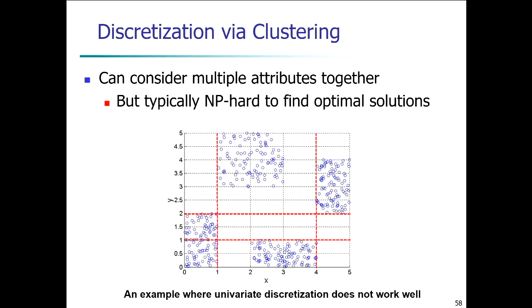Okay, so all the previous methods we talked about, the equal width and the equal depth binning, only look at one attribute at a time. So it's easy for you to come up with an example, and this figure gives you some idea, that if you only look at one attribute at a time, the binning result you get is not necessarily the best.